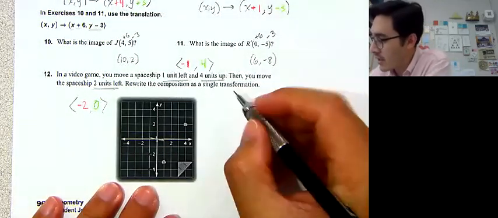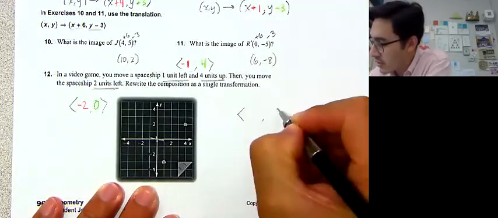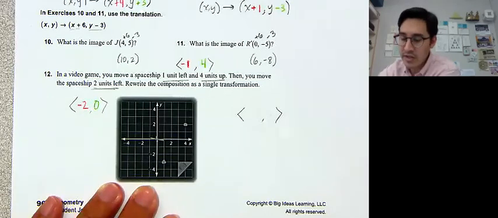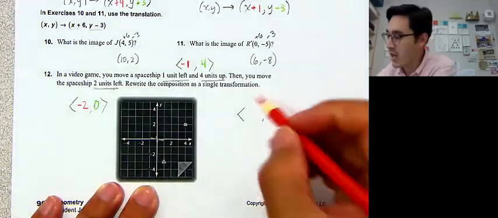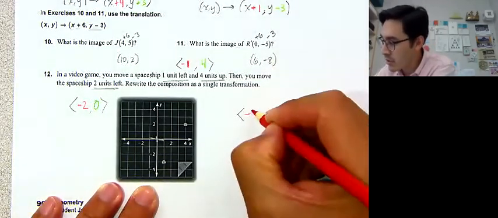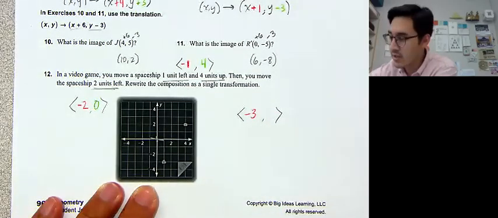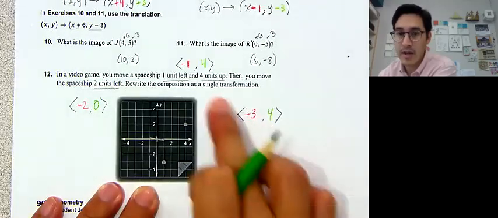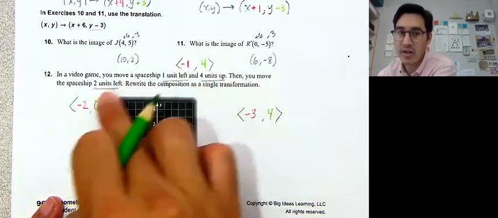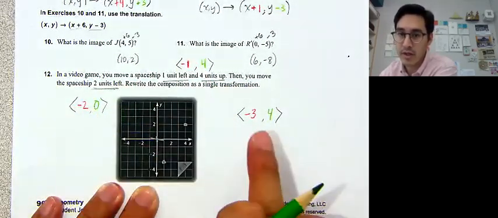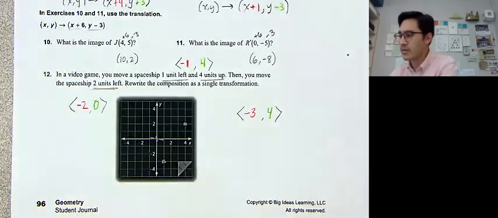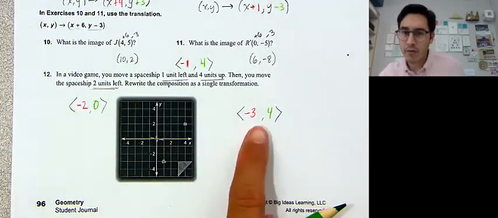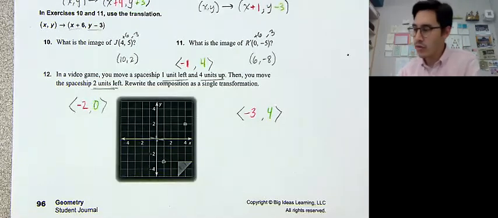All right, so to write this as one single vector, we could have simply said, move the spaceship 3 units to the left and 4 units up. That is the same as performing this translation followed by this translation. You just combine them into one. So this is a vector form, but we can also write it as a rule.